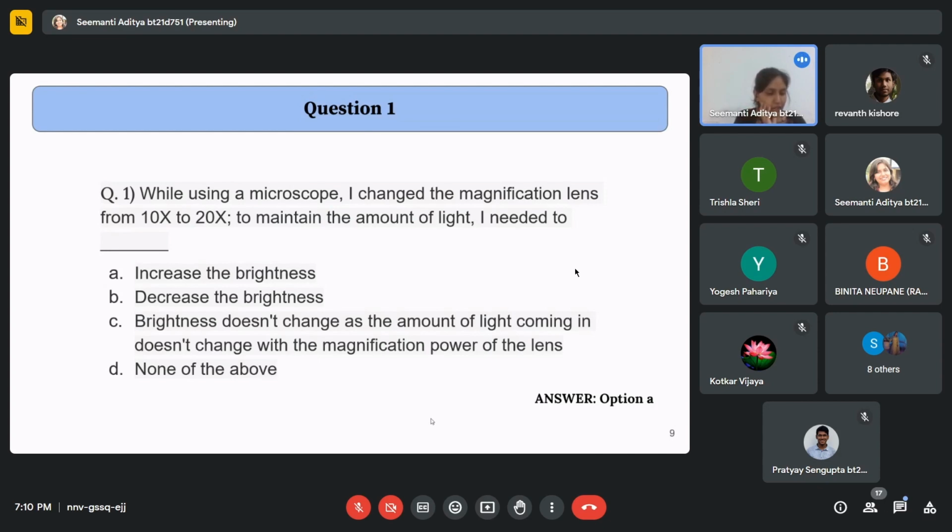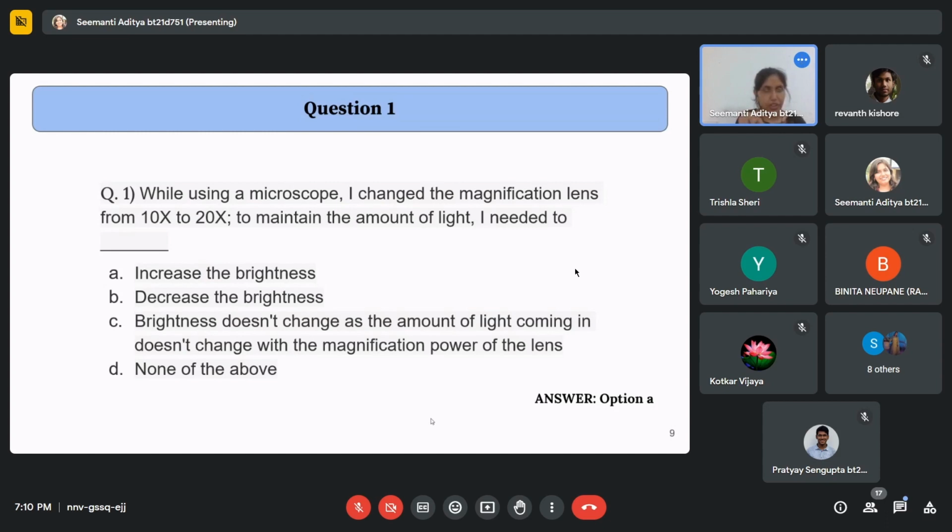So then, does the lens become thicker at x20? I think it becomes thinner, or thicker, I don't know, but it becomes more concave, I guess.